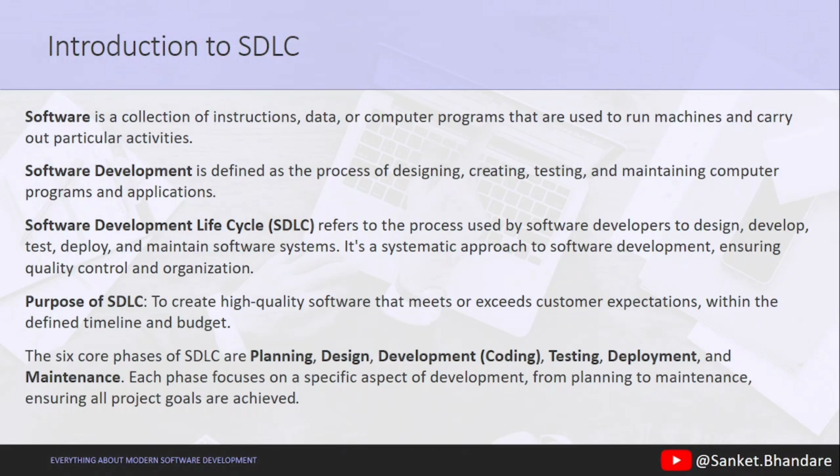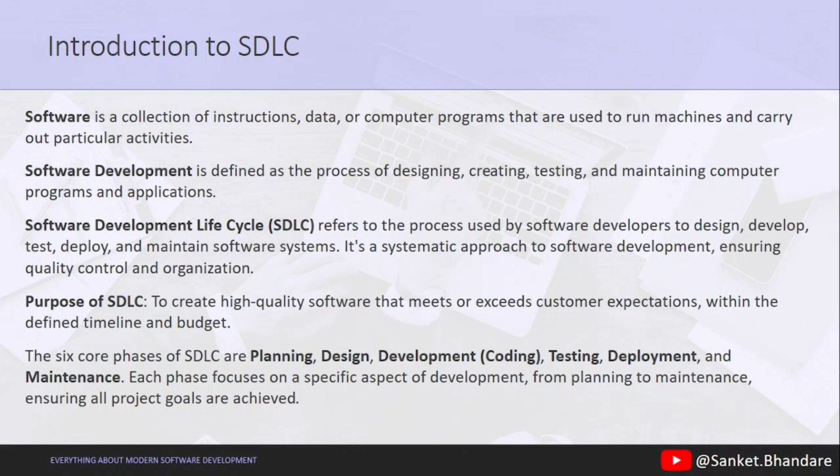First one is planning, second designing, third one is development, that is nothing but coding, fourth one is testing, fifth one is deployment, and sixth one is maintenance of that software. Each phase focuses on a specific aspect of development, from planning to maintenance, ensuring all project goals are achieved. So this is all about introduction to software development lifecycle.